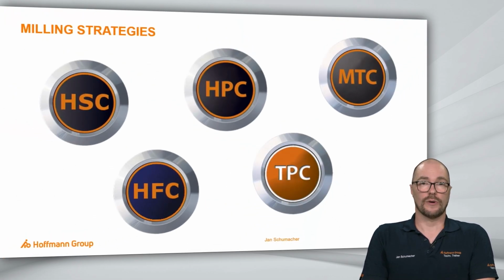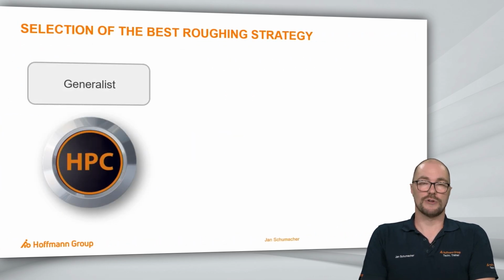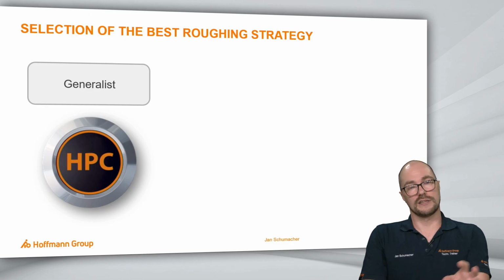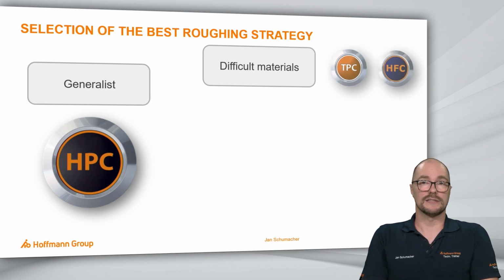So that's it. We have been through 5 milling strategies, and for a short recap, I would just summarize it like that. HPC strategy is the general list of roughing strategies. You do not need to choose anything else. But if it comes to dedicated problems like difficult materials, you can opt out and maybe select TPC or HFC instead.